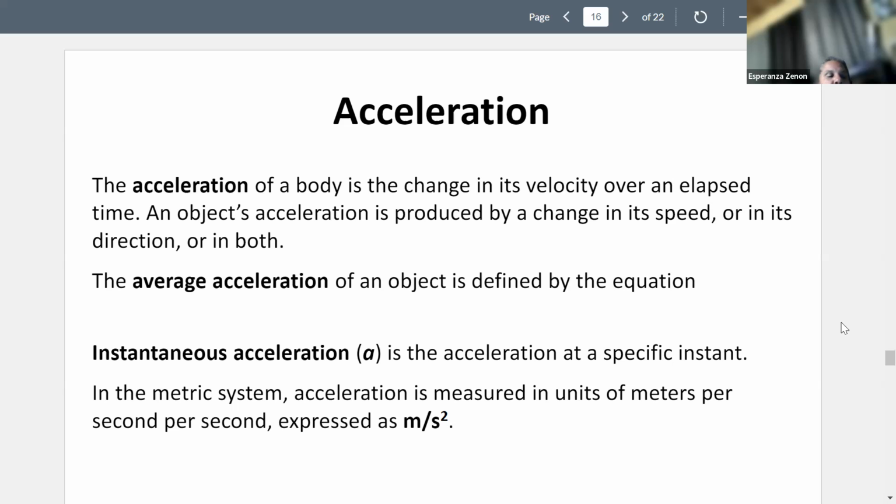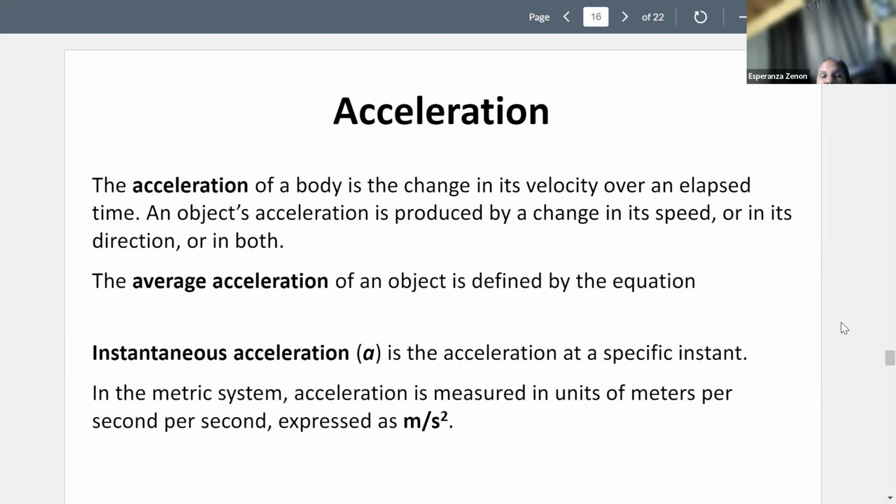If I put it on cruise control and drive around in a circle, what's changing? Direction. Direction is changing. So you see, there's a clear case where the speed isn't changing, but the direction is changing, so the velocity is changing.